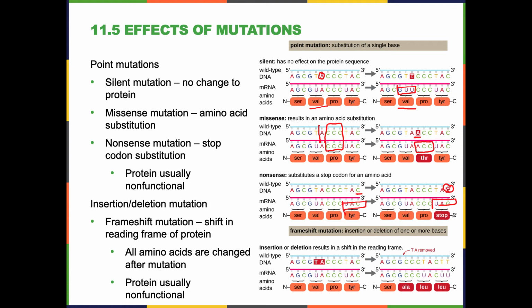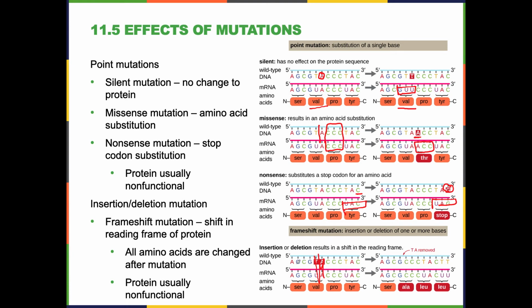The other type of effect of a mutation is called a frame shift. And these happen because of insertions and deletions. So now, let's see, here we have this TA, and then just to do some weird random error, those TAs got removed. So what happens now is our whole reading frame shifts.